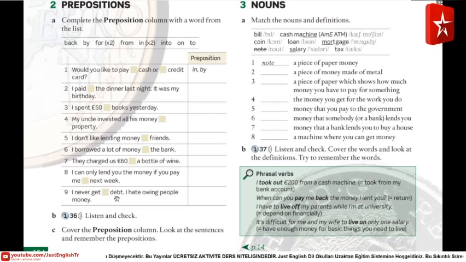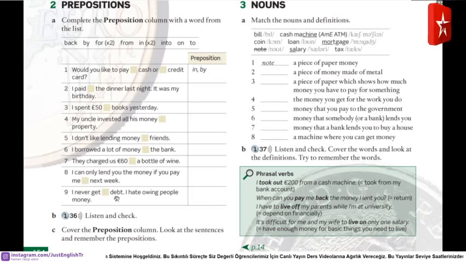And number 9, I never get the last one. If you pay attention to the preposition that we haven't used yet, you can see which one. For number 9, I never get into, yes, into debt. I hate owing people money. It means I've never asked anyone for money.